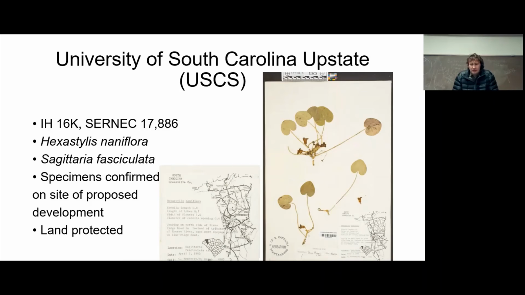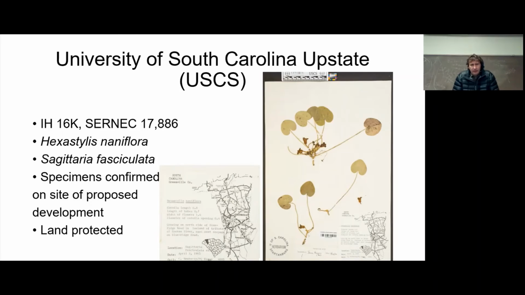And they ended up being on some land that was right adjacent to a heritage preserve, which was, the preserve was actually there because these plants were known to be on that property. But these specimens were collected from the adjacent property that was slated for development. And so there was this big uproar involving Upstate Forever and the Heritage Trust Program and U.S. Fish and Wildlife, because these are both federally endangered species here.